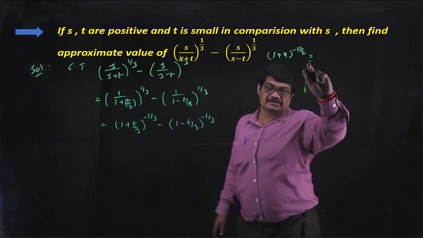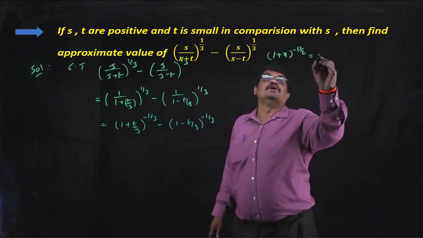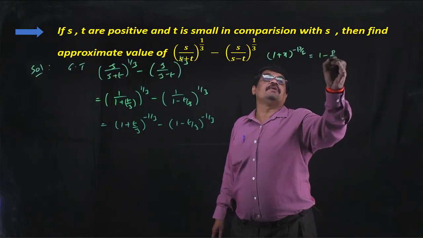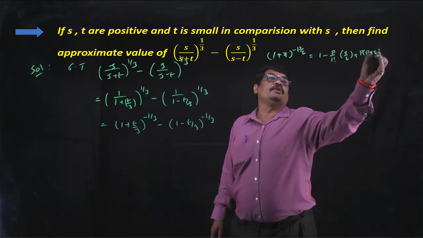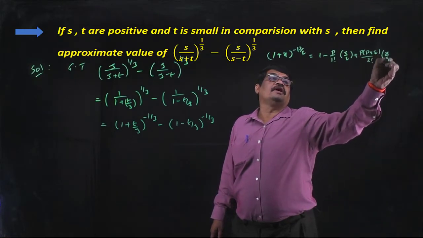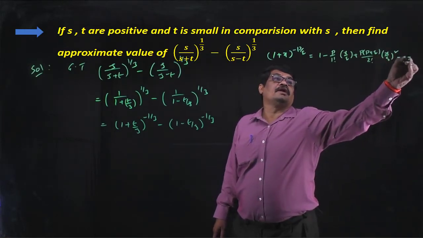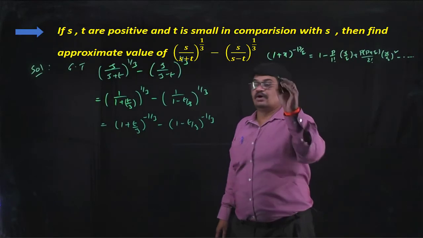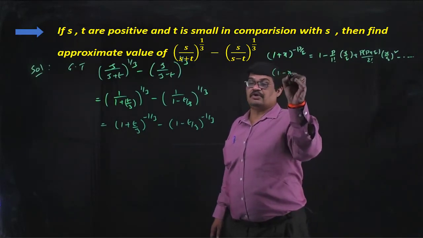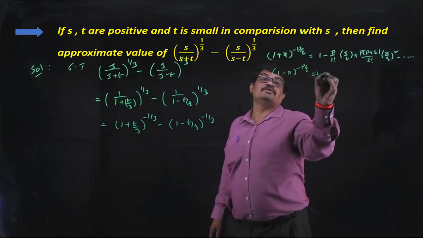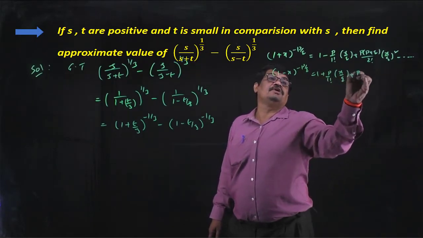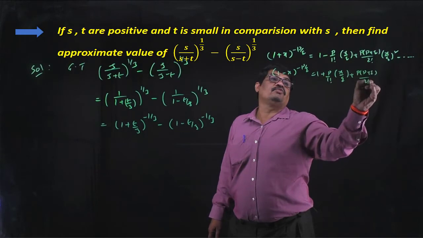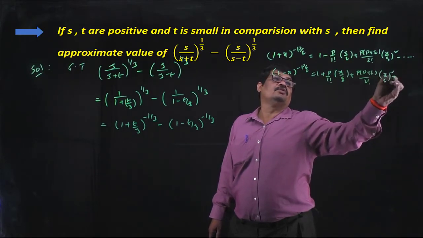The expansion is 1 minus p by 1 factorial into x by q plus p into (p plus q) by 2 factorial into (x by q) whole square, minus, plus, and so on. The second one, (1 minus x) whole power minus p by q, is 1 plus p by 1 factorial x by q plus p into (p plus q) by 2 factorial (x by q) whole square, and so on.